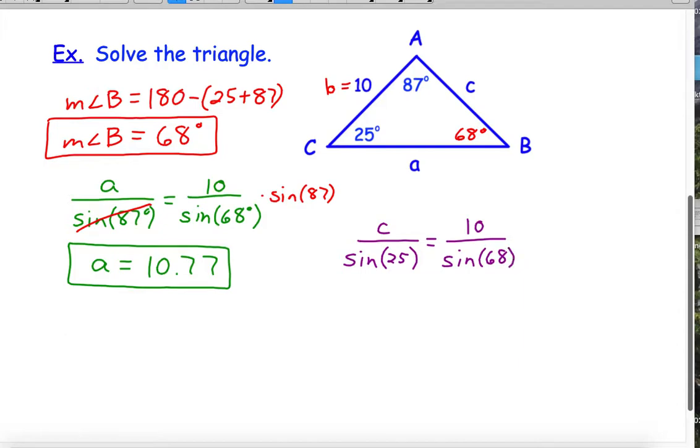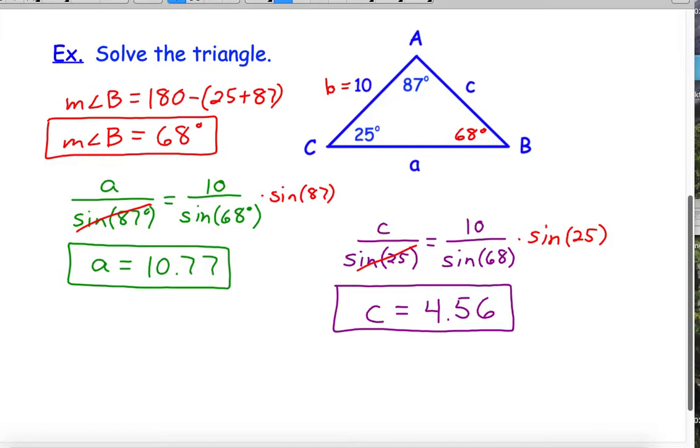Once again, you could use your answer for A, but I would try and store the complete answer for A and use that in your calculation for the next one. So then I'm going to multiply both sides by sine of 25, and that'll give me C by itself. And when you punch that in, you should get C as approximately 4.56. And no units on that.